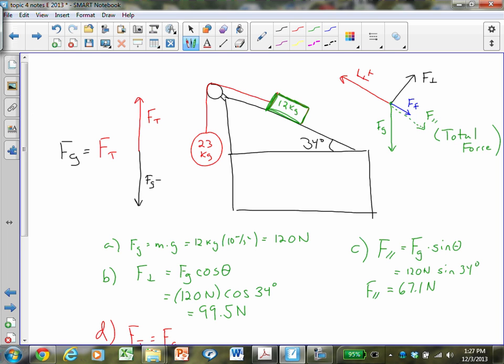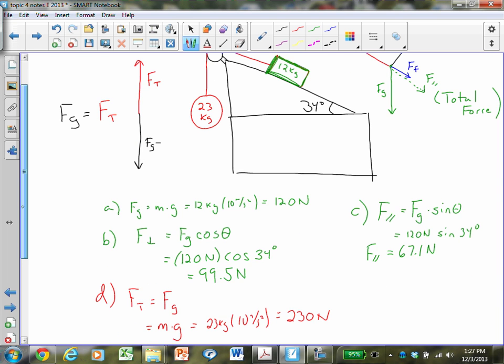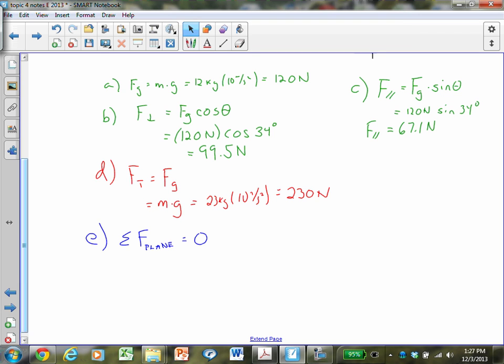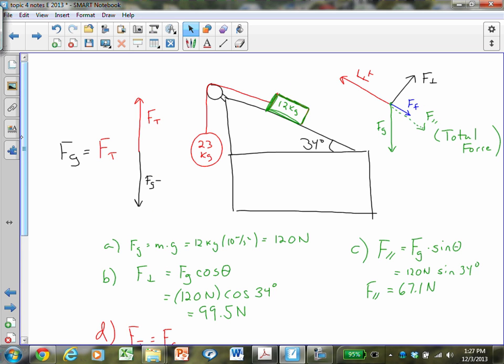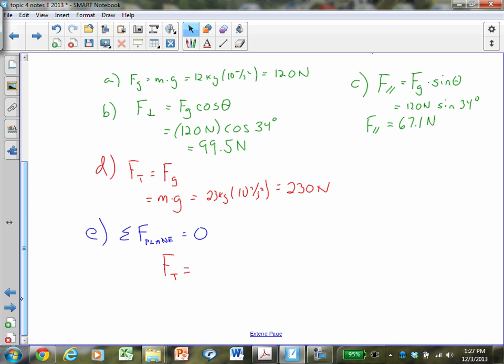Ft. That's right. So Ft equals, what forces do we have going this way on the plane? Ff plus F parallel.